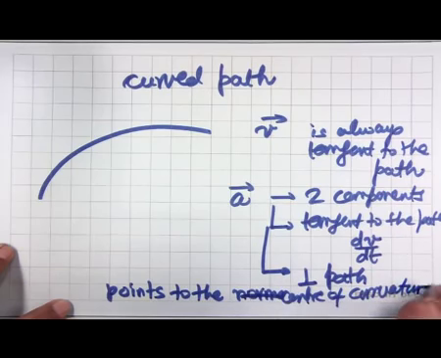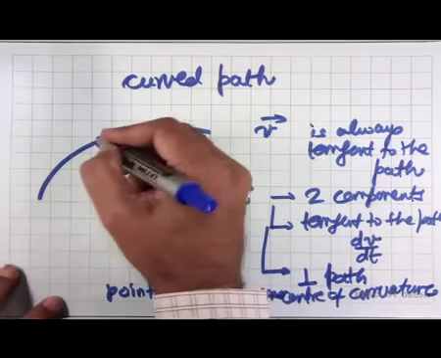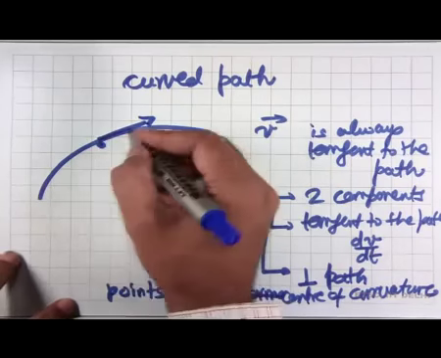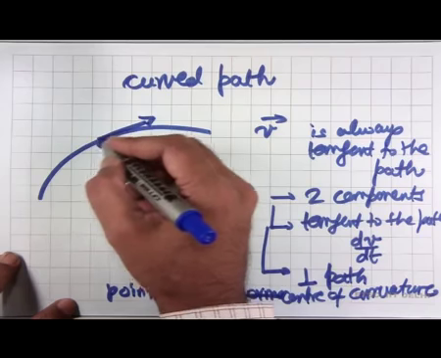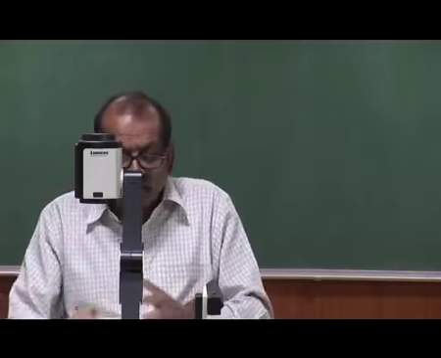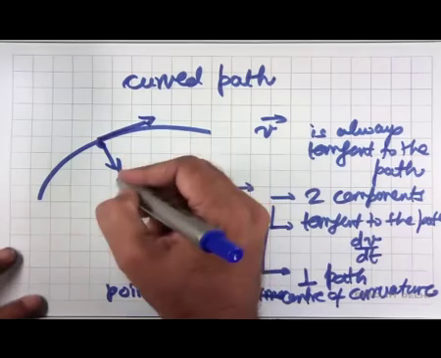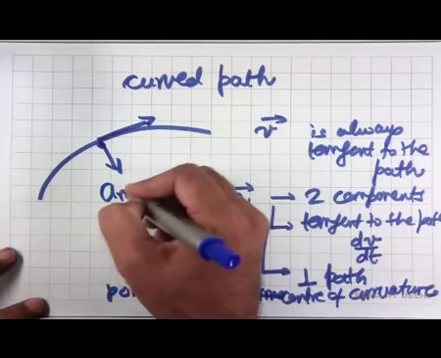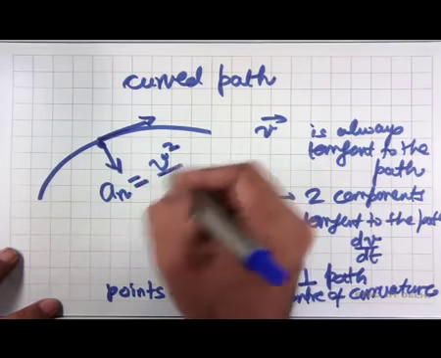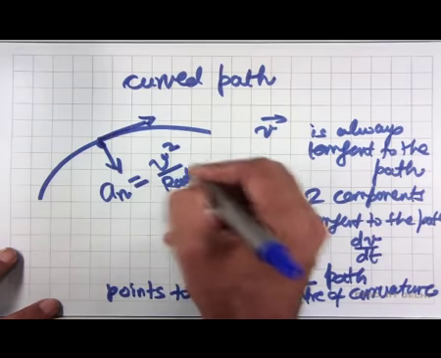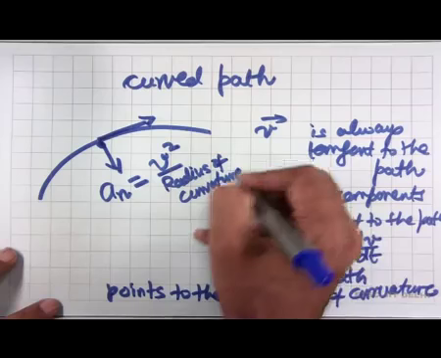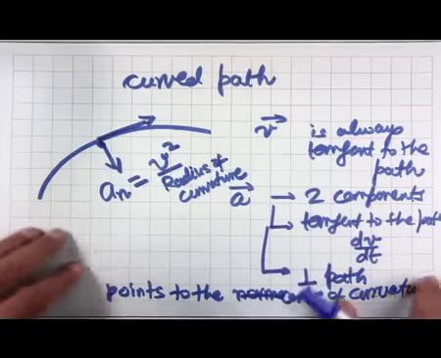Locally, if this body is moving in a circle, then the second component of acceleration will point towards the center of that circle, and this is what we call the normal component, given by speed square divided by the radius of curvature. So, this is what will always happen when a body travels in a curved path.